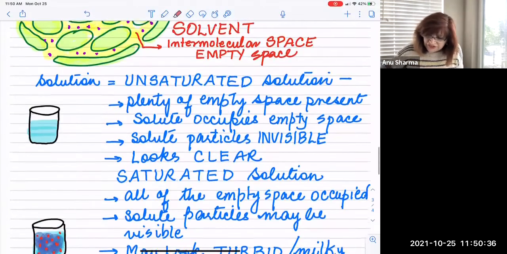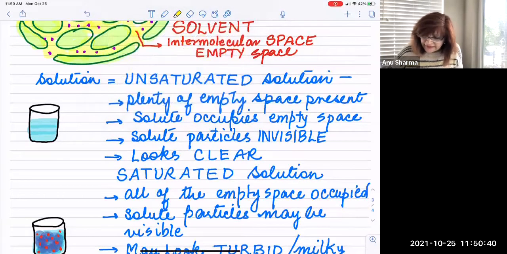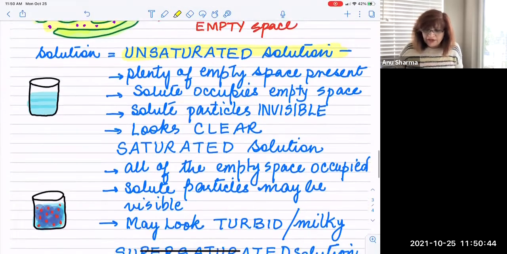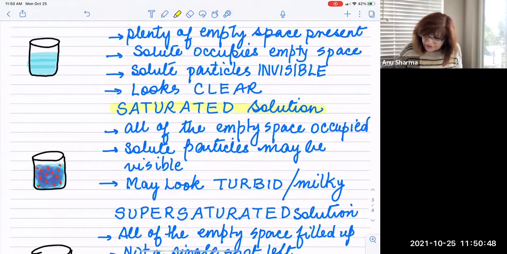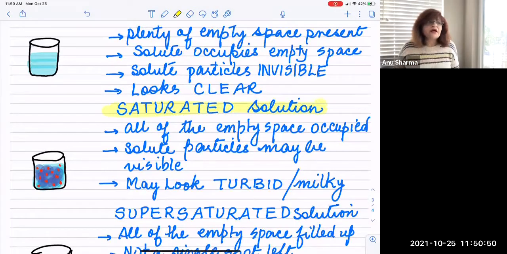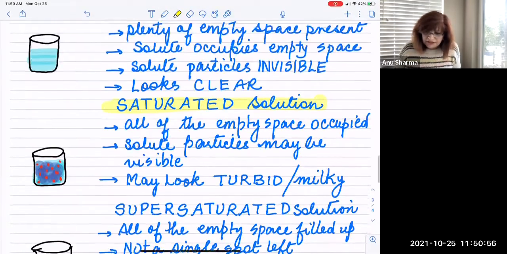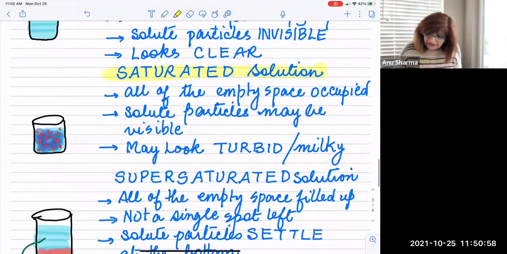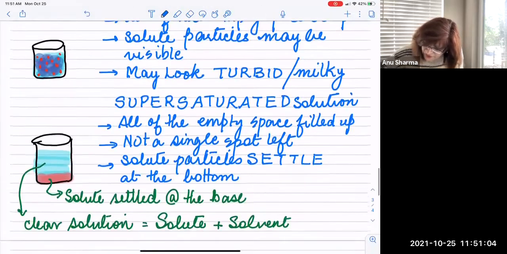So we looked at these three types of solutions. One is the unsaturated, where there's plenty of empty space available and you can add more of the solute there. It looks like a clear solution. Then comes a saturated solution, where you can make out that this has maxed out. You may see some turbidity. Turbidity means when it's not clear, when it may look turbid, milky, and not clear.